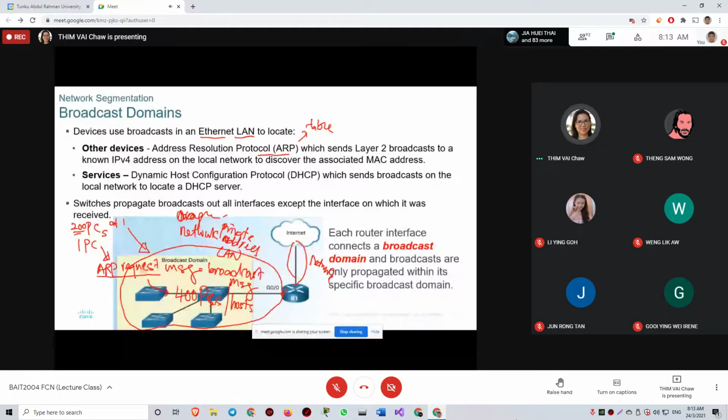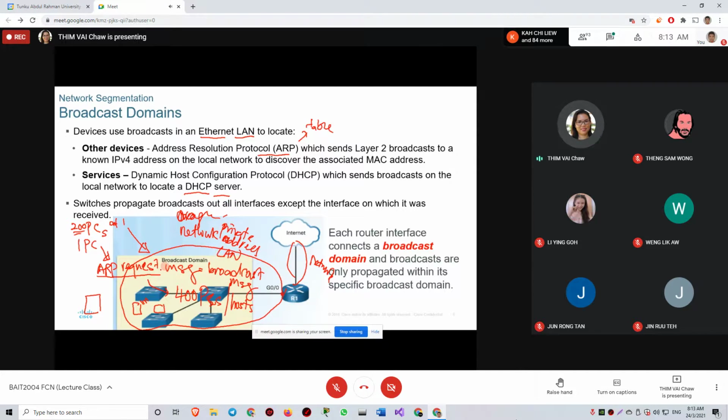Second thing is, let's say somebody is using a handphone with a wireless access point, or using a laptop and so on. When they use wireless access, they need to call the DHCP protocol to look for a DHCP server.